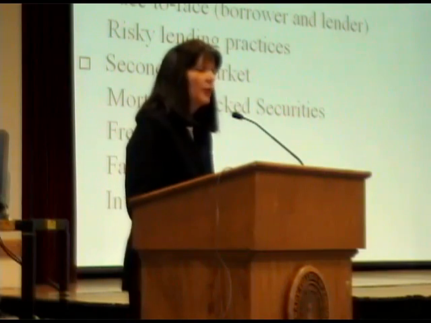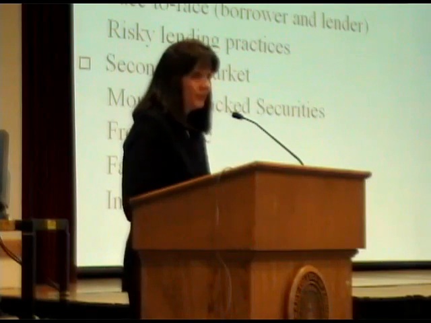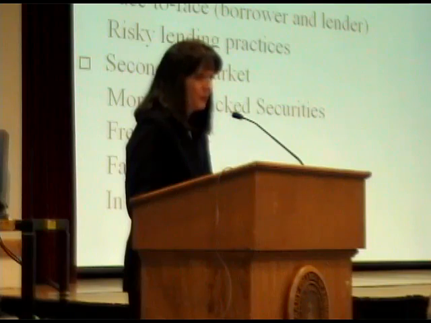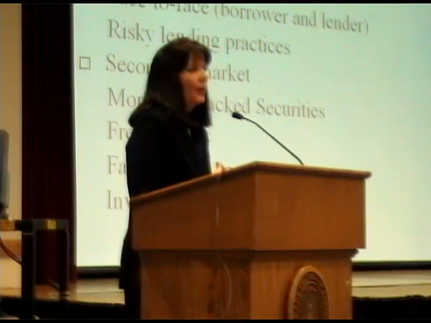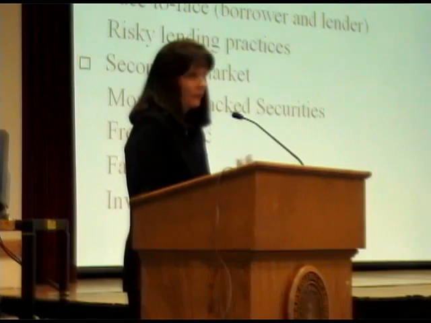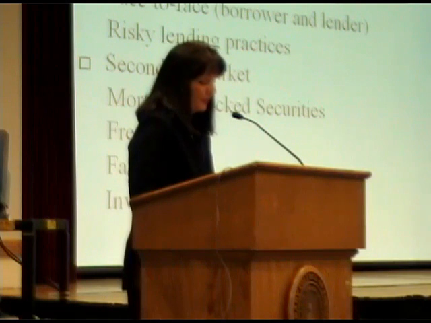So those primary mortgage lenders have liquidity, they have access to cash. So they purchase the mortgages, they pool the mortgages, and then they sell them as mortgage-backed securities. The mortgages are put together and they're sold in a way that they have to have a credit rating, and they go to all different types of investors.